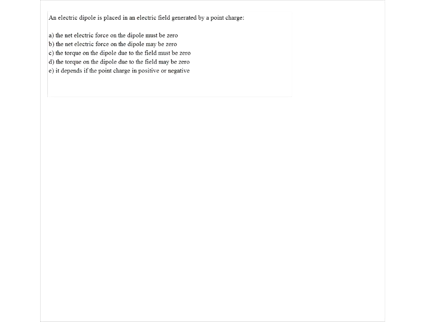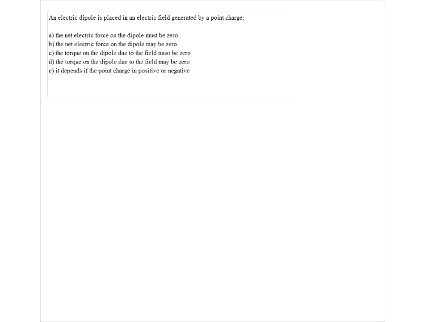That's all, 5 options, and more than one may be correct. Yes, any clarification? Sir, in option F, which thing depends, the torque or the force?